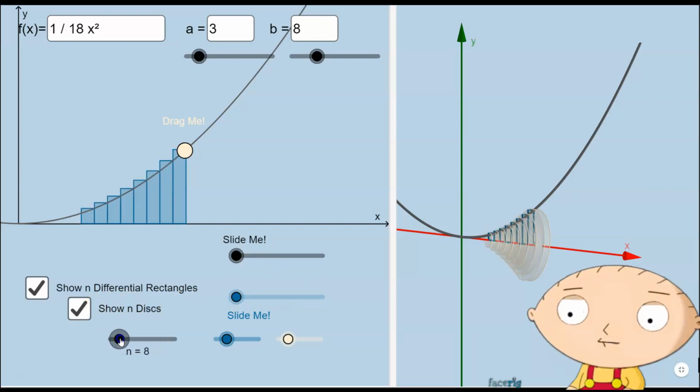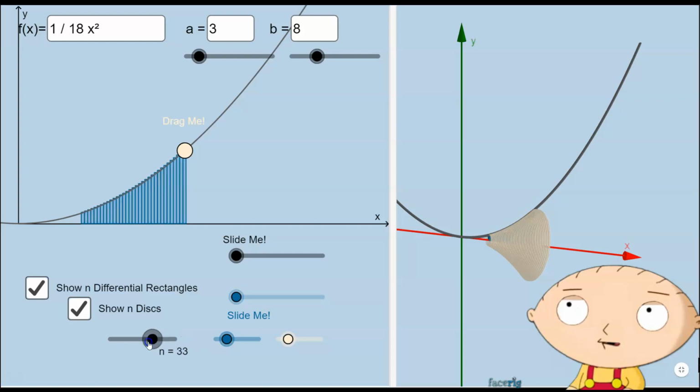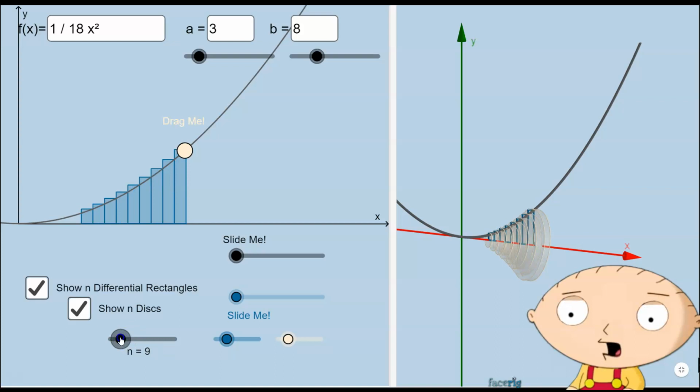The more disks, the more accurate our calculation for the area under the curve, and the more accurate our volume. So this is called the disk method, because you're literally finding the volume of each one of these disks, and then finding the sum of all the disks, and that's the volume of your solid. So that's what we're going to talk about today.